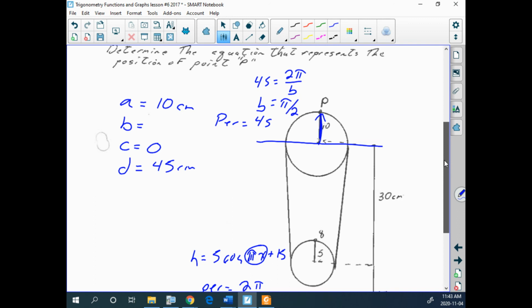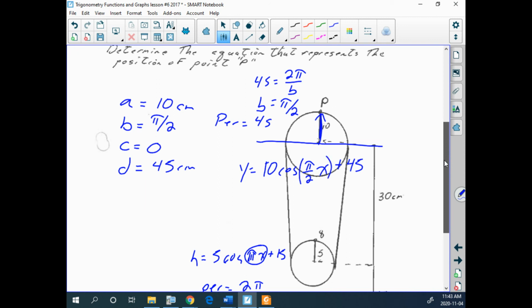Which allows us to figure out the B value for the new function. And then, since we're using cosine, it's 10 cos of pi over 2 x plus 45.